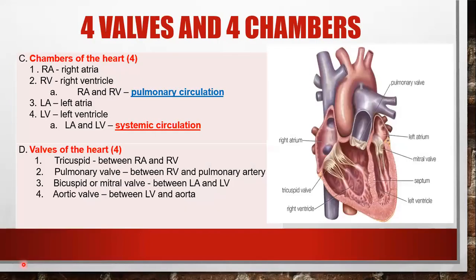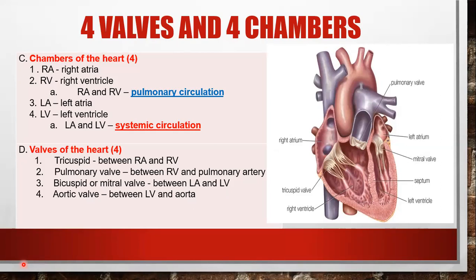The heart itself is made up of 4 chambers and 4 valves. The chambers are the areas in which blood sits, right? They go from one chamber to another chamber via the valve.